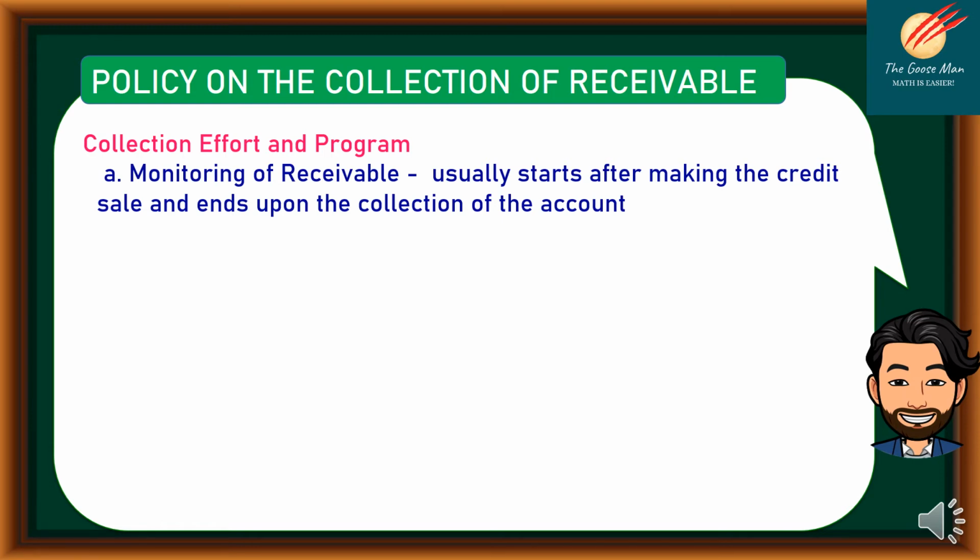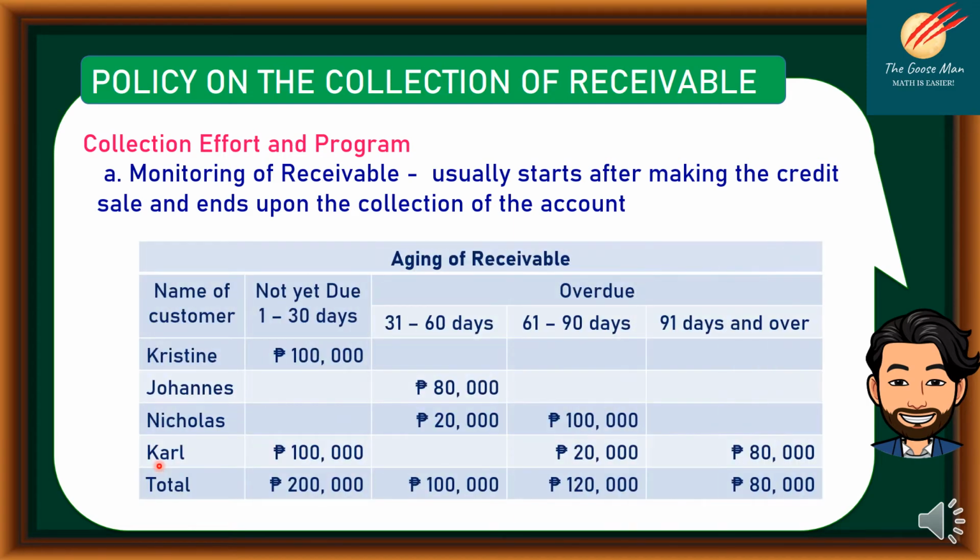Let's look at this table. We have the aging of receivables. We have the following customers: Christine, Johannes, Nicholas, and Carl. Not yet due for 1 to 30 days, we have 100,000 for Christine, 100,000 for Carl, and the total is 200,000 pesos.